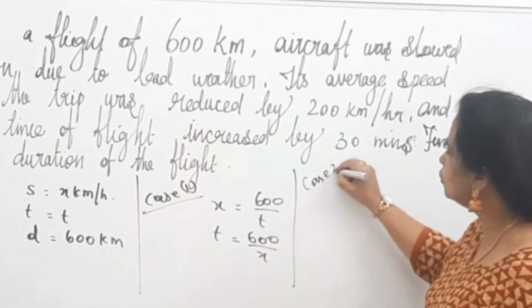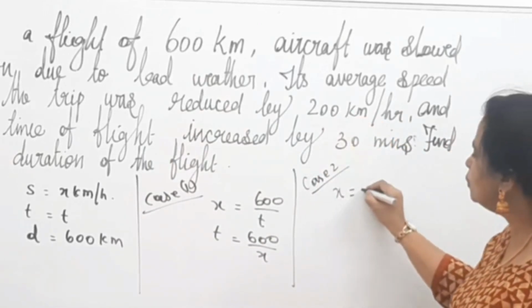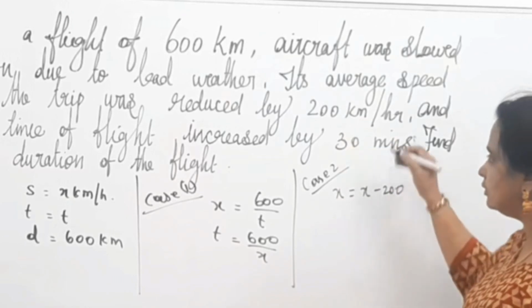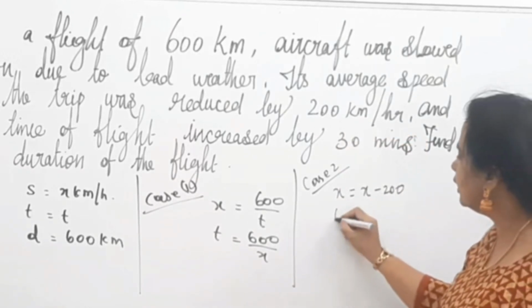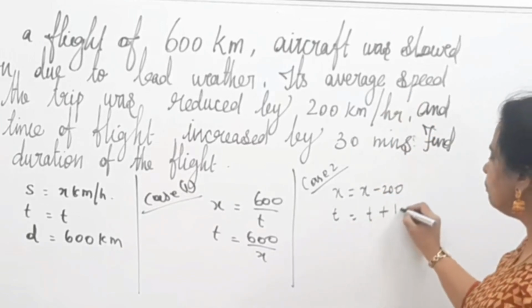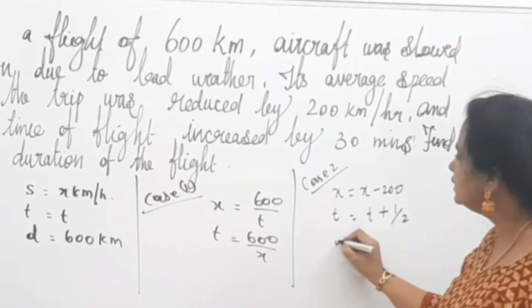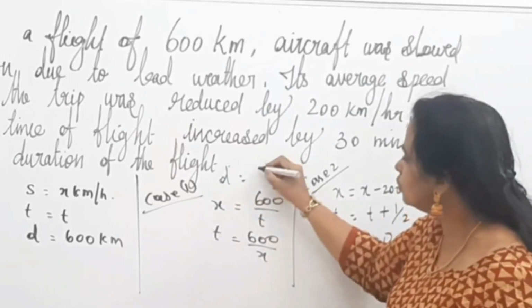So in case 2, what happens? My speed is reduced by 200, so x becomes x − 200, and the time increases by half an hour, so t + 1/2, and the distance is the same, 600.